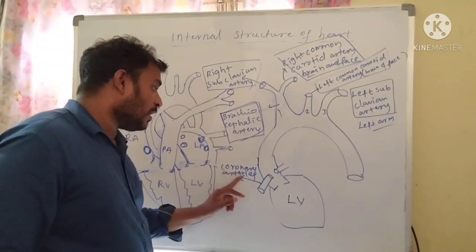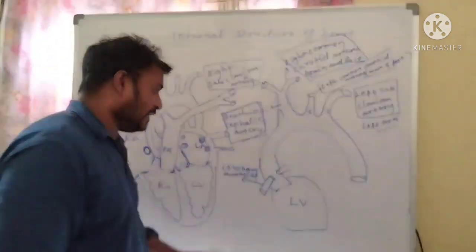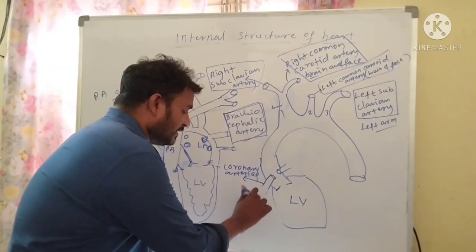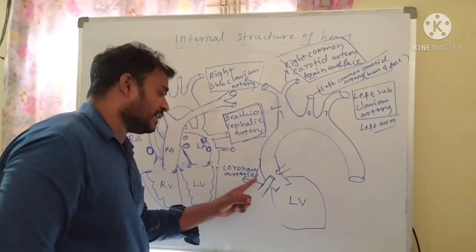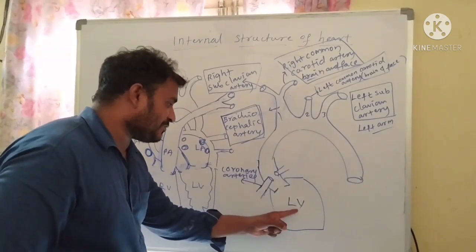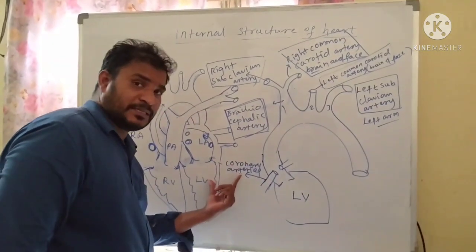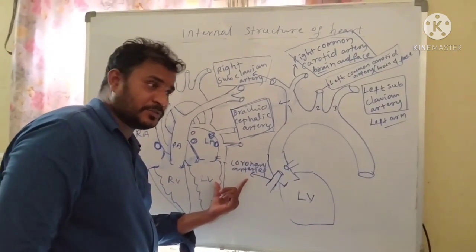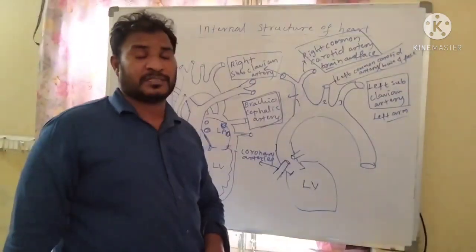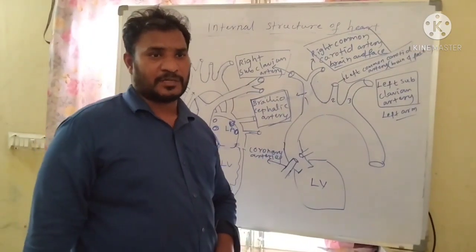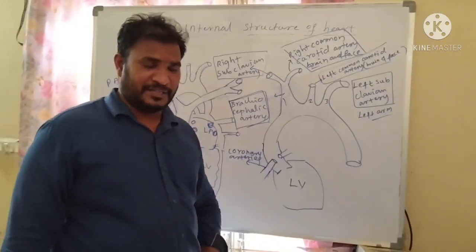These are called coronary arteries. These coronary arteries supply the oxygenated blood from the left ventricle to the heart muscles.